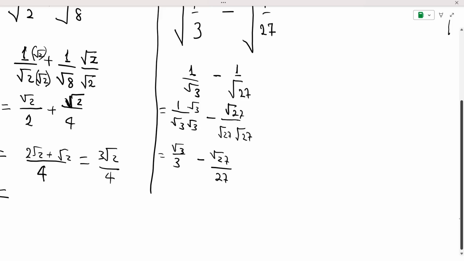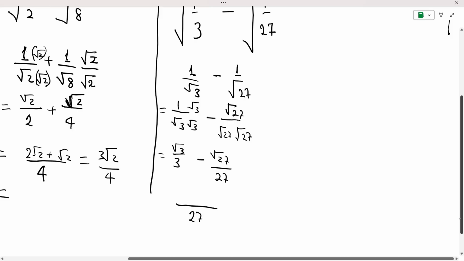Now, once we get to this point, we can see how we can simplify this fraction here. We can do that by taking the lowest common multiple between 3 and 27, which will be 27.